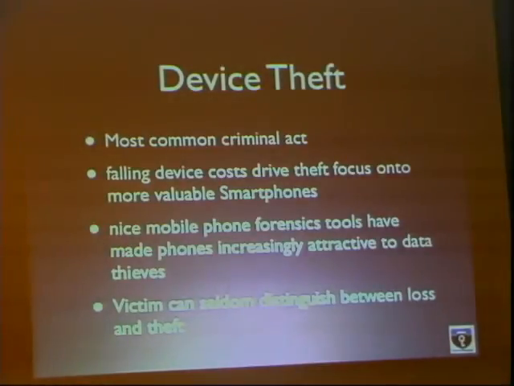And the forensic tools for mobile phones have become quite good. So the commercial forensic tools that you can buy for smartphones are meanwhile idiot safe. So they can hand it to people who have no technical education, and they are able to extract most of the interesting data from the mobile phone.